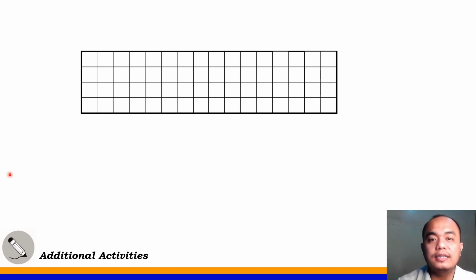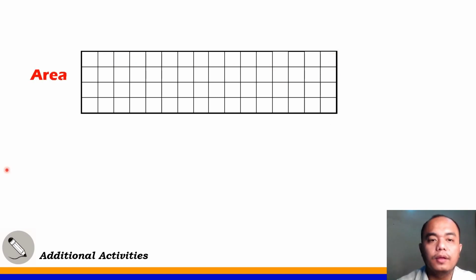Now, ito yung sinasabi ko na area. The number of square unit inside a rectangle or any solid figures. Now, ilan ba lahat ang square units sa loob nitong rectangle na nasa screen nyo ngayon? So, of course, para mas madali, ang gagawin natin, we will identify the square units on its length and its width para mas madali.